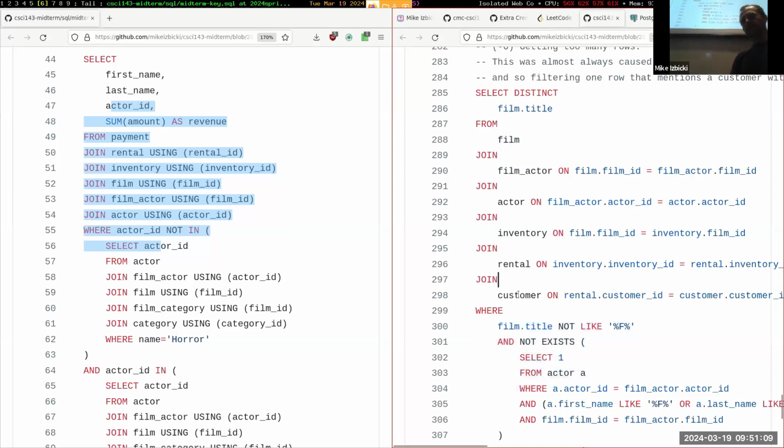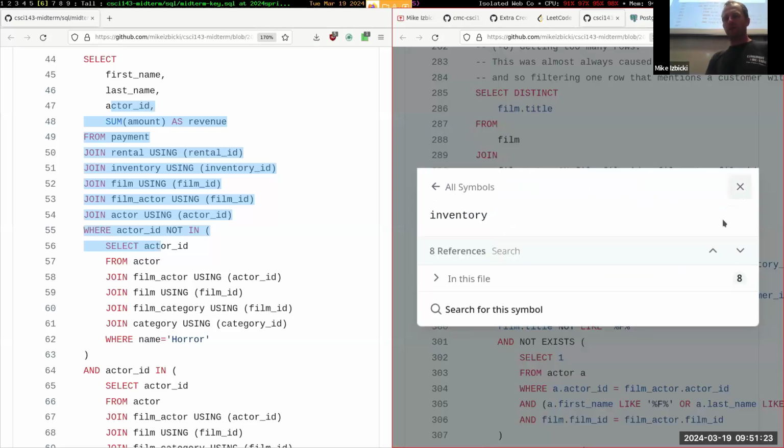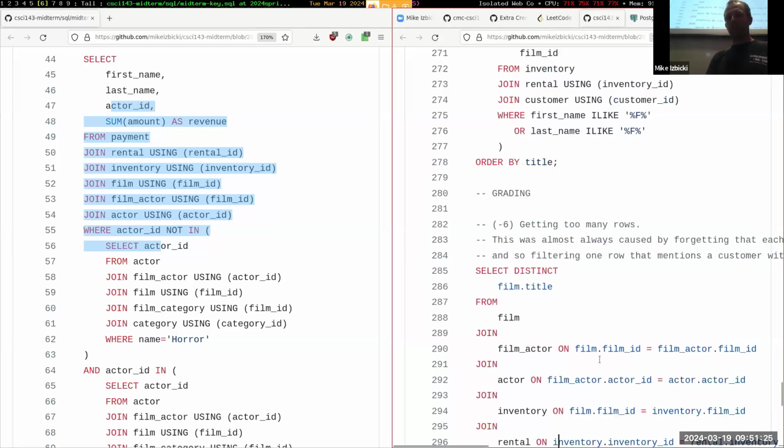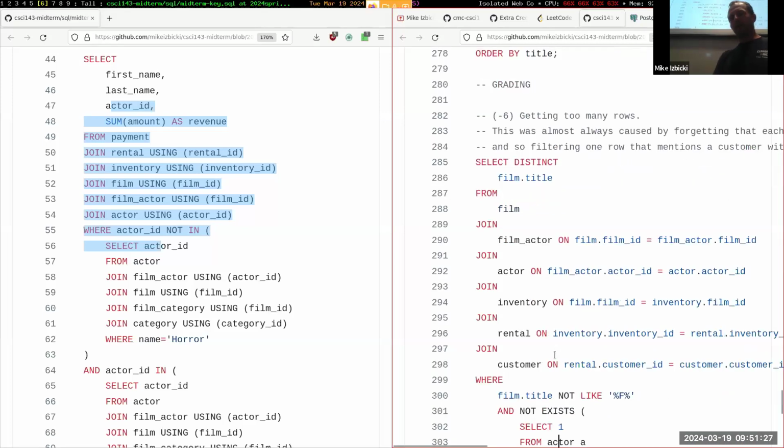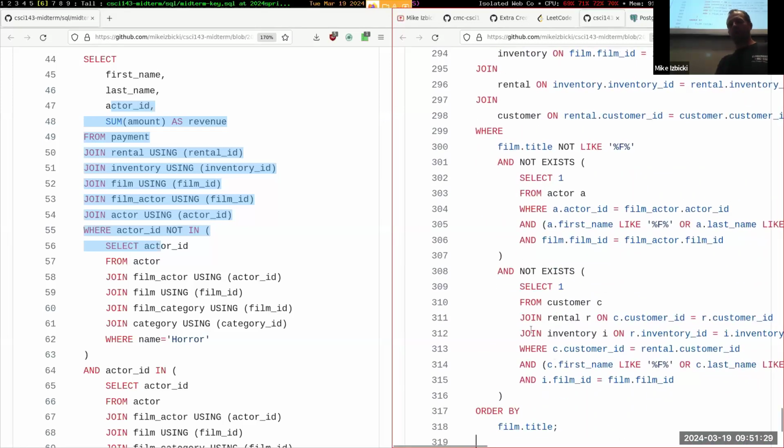But if there are multiple customers who have rented a movie, just filtering out one of those customers is not enough because some other customer will have rented that movie, and so the movie will still be in this list up here. So the most common way of getting too many rows is part 3 was not working, that you were not successfully filtering off of the number of customers.